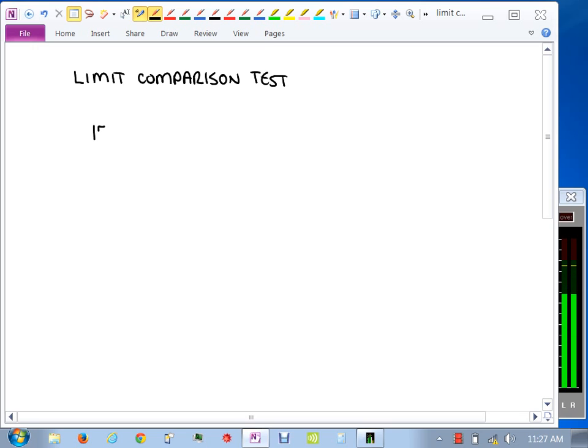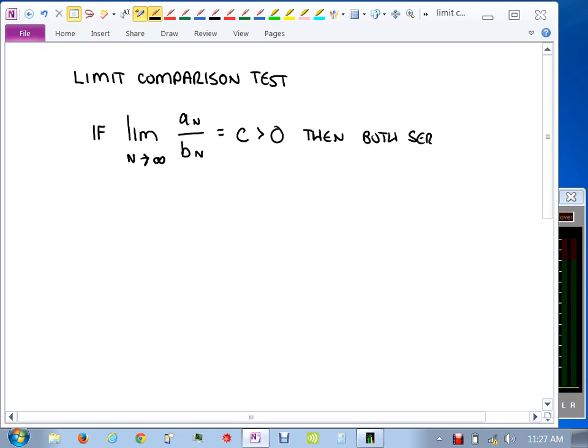It says if the limit as n goes to infinity of a sub n over b sub n is equal to c, which is greater than 0, then both series converge or both diverge.